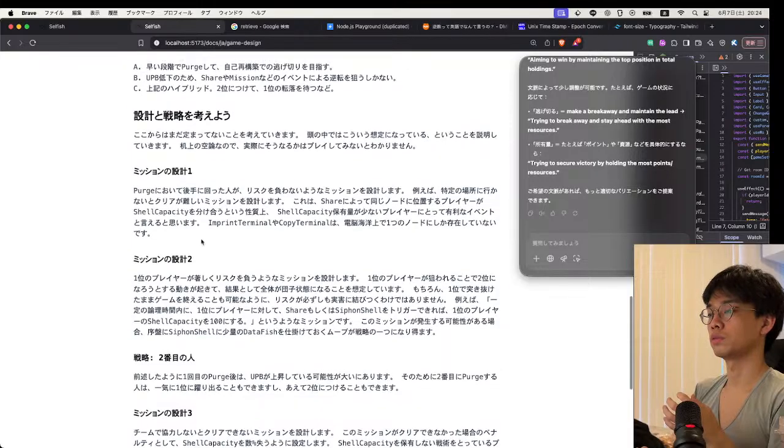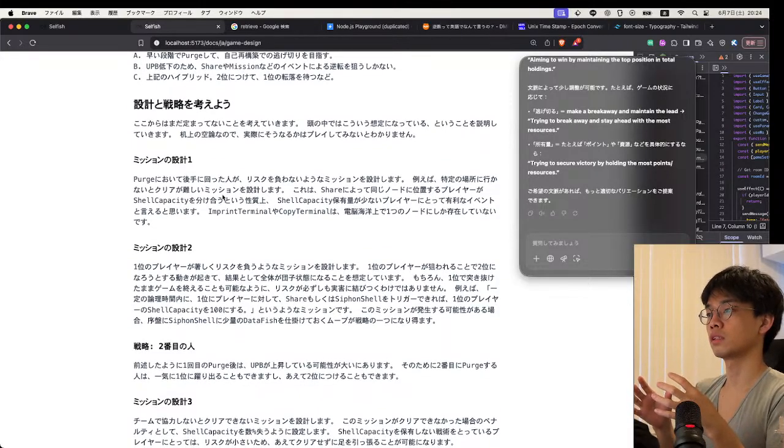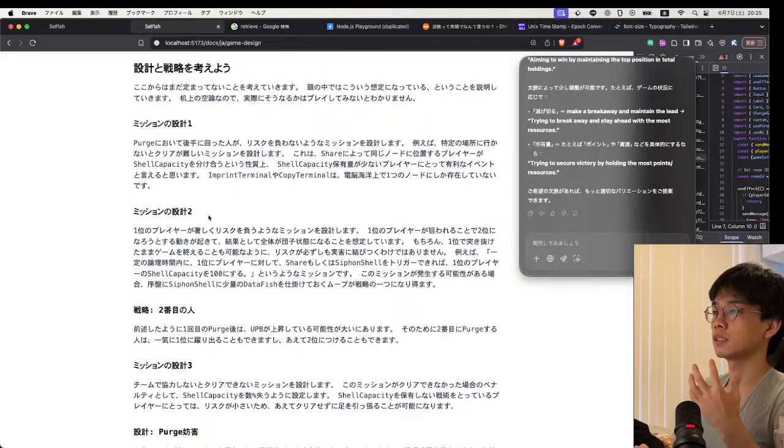So this mission is what I want to make. For example, imprint terminal or copy terminal is the only one place.